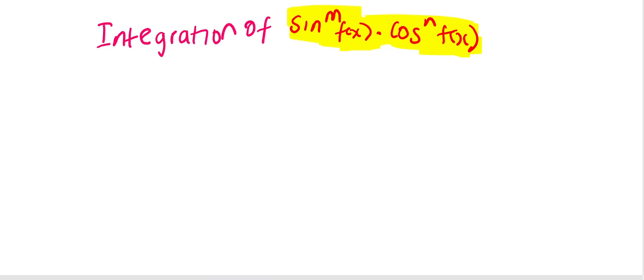So let's look at that statement clearly. When either m or n, meaning this one or this one, is odd, the odd one you split, and you use the identity sine squared x plus cos squared x is equal to 1.